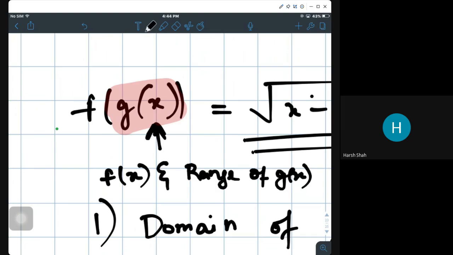It's not that I'll take any output from g(x) and throw it into f(x). That will be very wrong, because g(x) may give me some invalid value that does not exist in the domain of f. Then that will give me a huge problem. So I'll do that and then combine all of them to find the domain of the composite function. Is this clear?